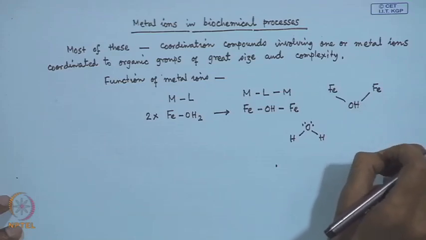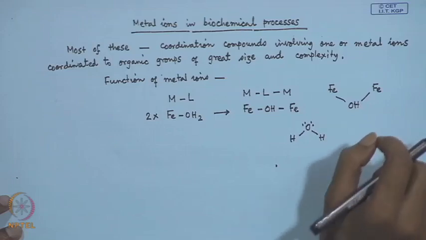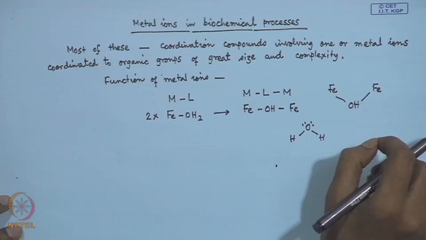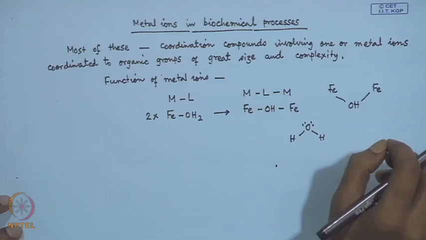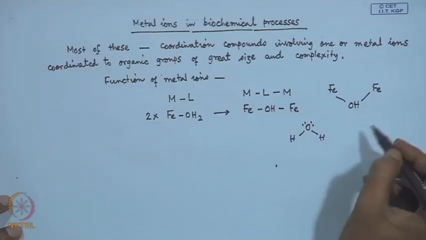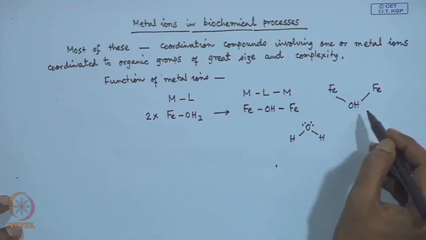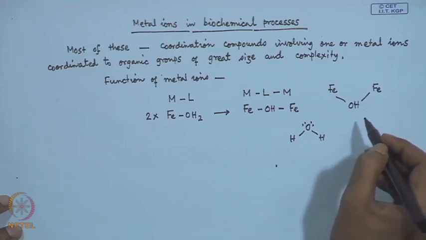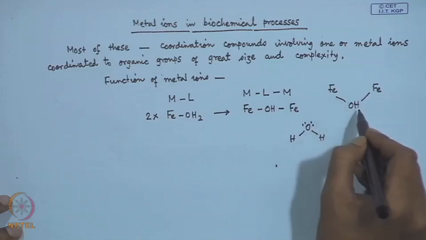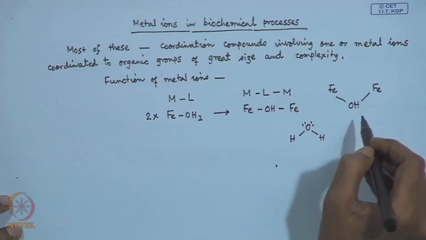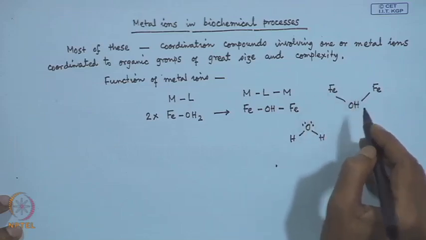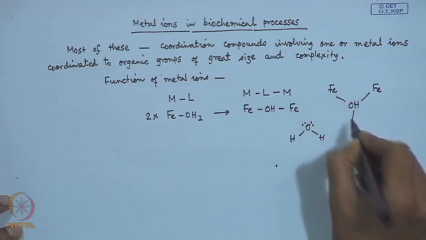Similarly, any metal center which is bound to a hydroxide group can be very easily identified if you are able to find that there are certain groups where iron is bound to an OH group. So, any spectroscopic technique which can be useful to identify this Fe-OH bond or Fe-OH-Fe unit will be useful to know this particular motif. So, this particular motif can further be extended.